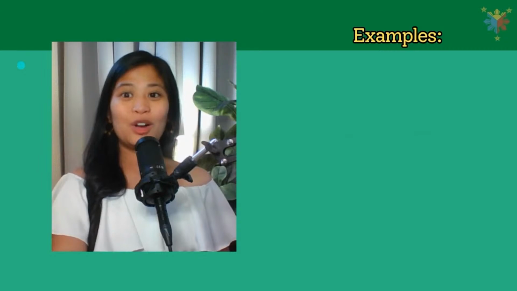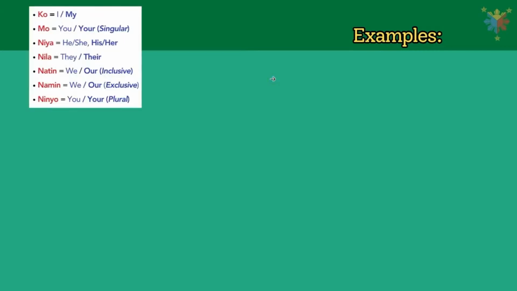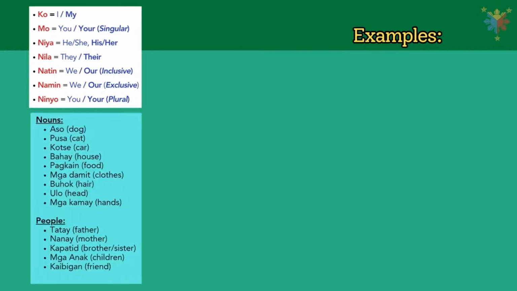I'm going to go ahead and turn off my screen here. Now, in order to use these possessive pronouns in a sentence, we have to have a noun and an adjective. So we will learn some of these nouns and adjectives here. In this top left corner are the possessive pronouns we just learned. Now here are some nouns.